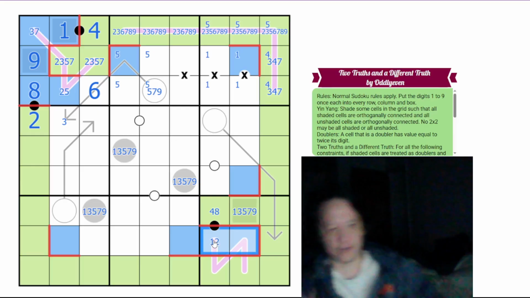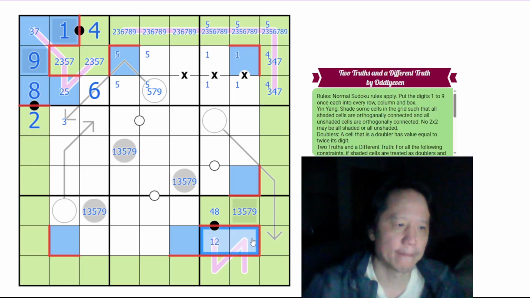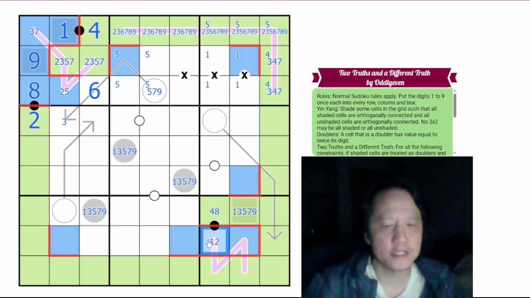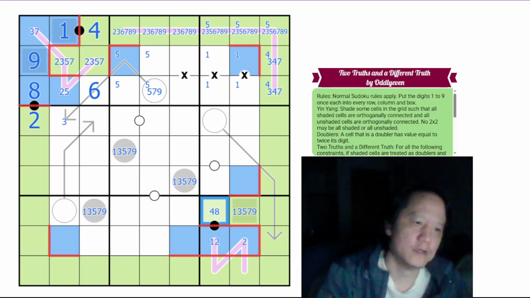If you don't have 2 doubled here, say you just have 1 doubled, that's a value of 2. This Renban cannot be 1, it has to be 2, 3, 4, 5. So if this is 1 doubled, it has to have 2 doubled here to form the evens, and then you have to have 3 and 5 here.